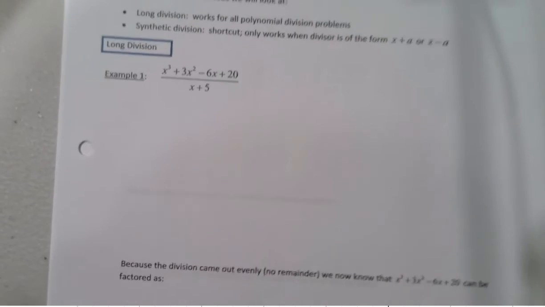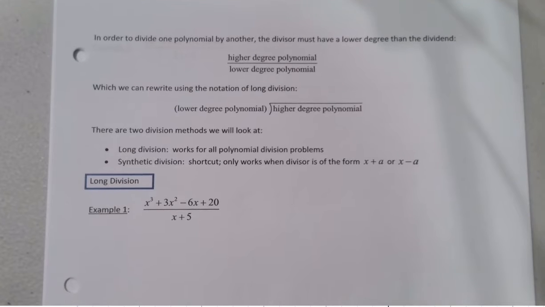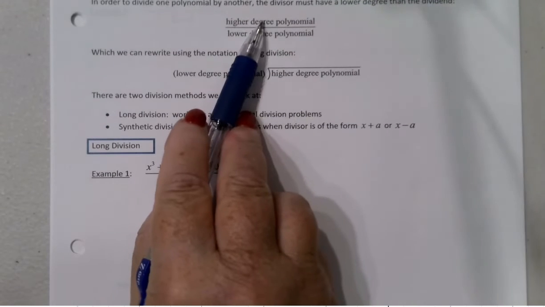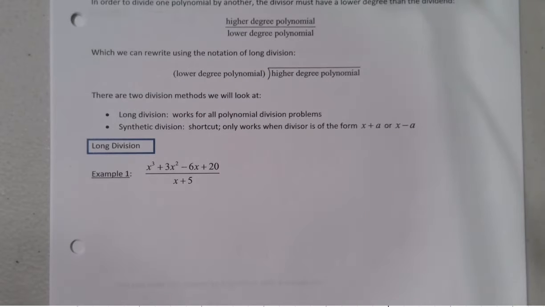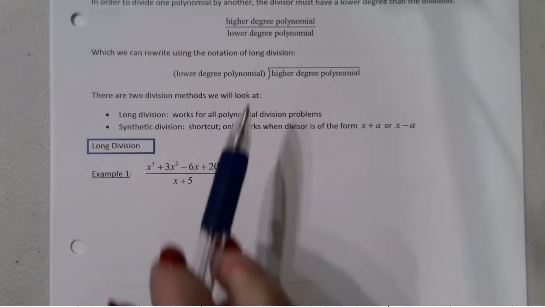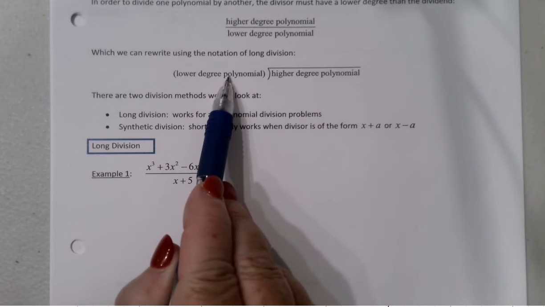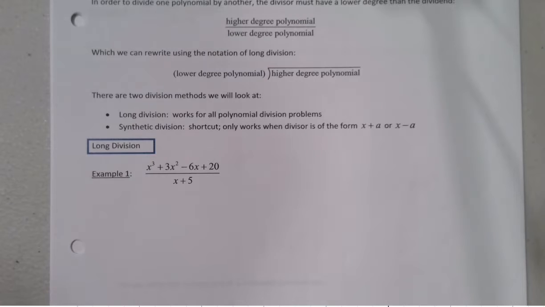All right, so let's now say that instead of just a monomial divided by a monomial, we'd like to take a higher degreed polynomial and divide it by a lower degreed polynomial. And the first thing I'm going to say is we can rewrite that as a long division problem: the lower degreed polynomial divided into the higher degreed polynomial. We're going to actually learn how to do this 2 ways.